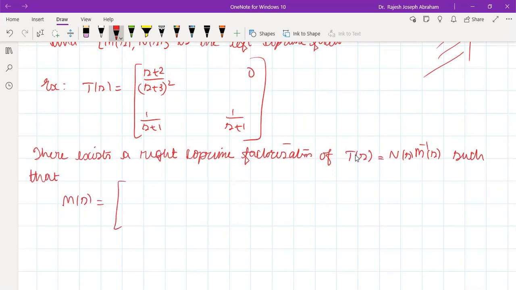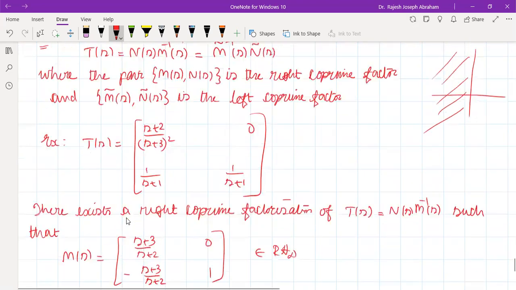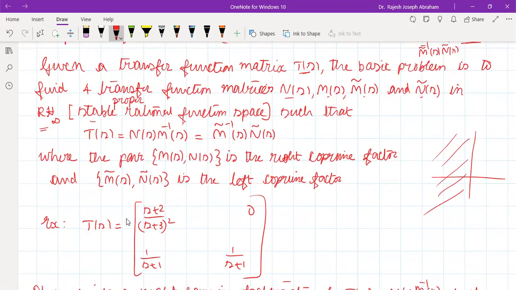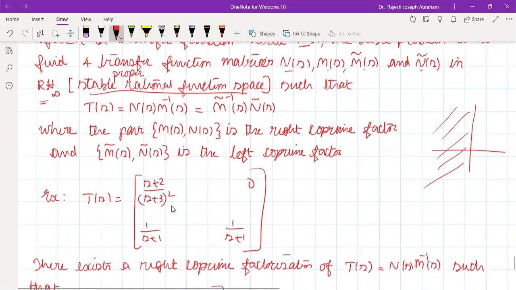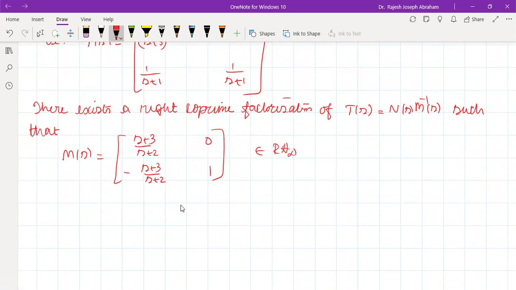M of S, you can take it to be S plus 3 by S plus 2, 0, minus S plus 3 by S plus 2, 1. You can see that they are all stable, right? The poles are in the left half of the S plane, so we can say that they belong to the space of stable proper rational transfer functions. This is one possible example.